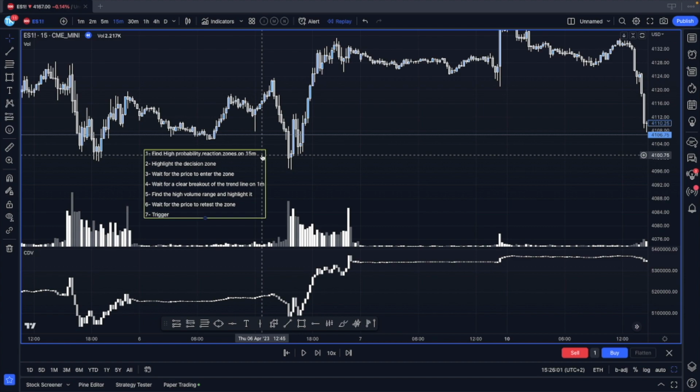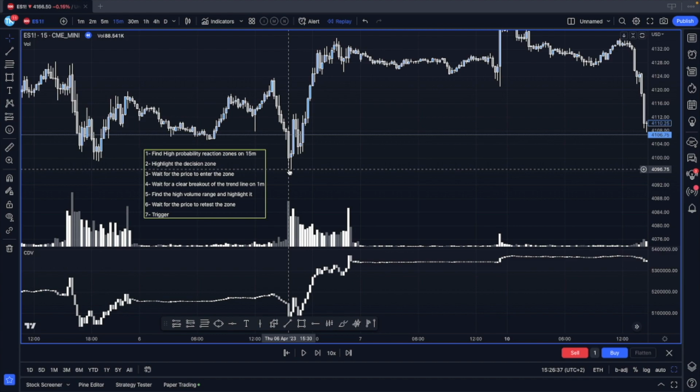You have to look for a reaction zone in a higher time frame, 15-minute, 30-minute, 1 hour, etc. This is because statistically you have much more probability that the price will react in a higher time frame reaction zone. So my guide in terms of time frame is 15 minutes.